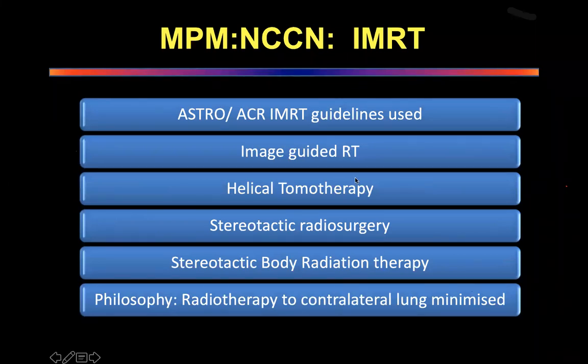You have to use the ASTRO guidelines whenever you use radiotherapy. And the newer techniques are image-guided radiotherapy, helical tomotherapy, stereotactic radiosurgery, SBRT. The philosophy is to minimize radiotherapy injury to the contralateral lung. And that's why these new techniques have come into being, to reduce the radiation risk to the other lung.